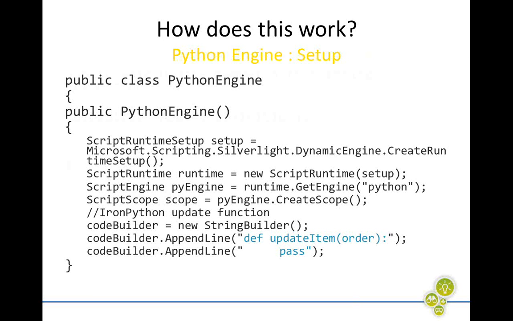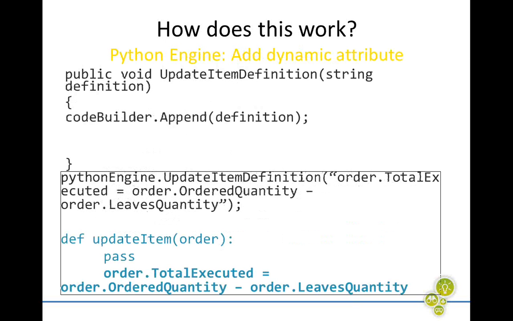So what you see here is, as I said, I have functions within the Python engine which allow me to update that string variable, and this is the kind of formula that the user would have typed in: order dot executed quantity is equal to order dot total quantity minus leaves quantity, which basically means calculate this field based on this formula.